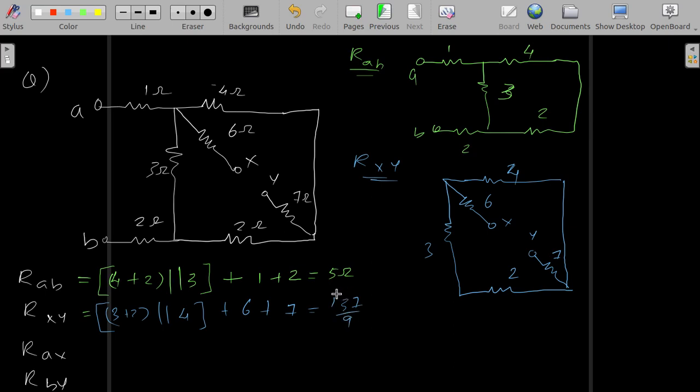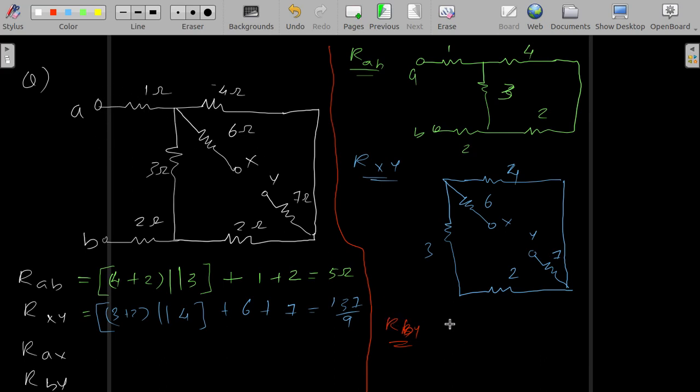Okay. Now let's see which one. R by, so small letter b here, R by. So when we connect supply across R B and Y, it means there won't be any flow through this branch and there won't be any flow through this branch.